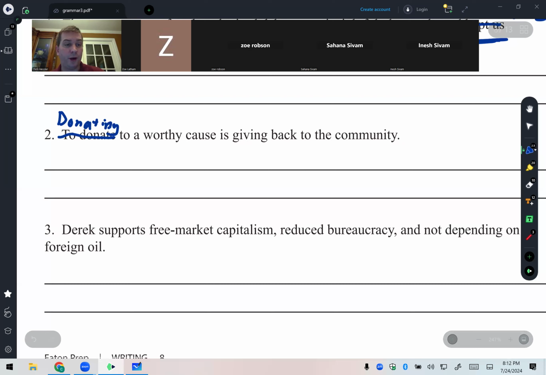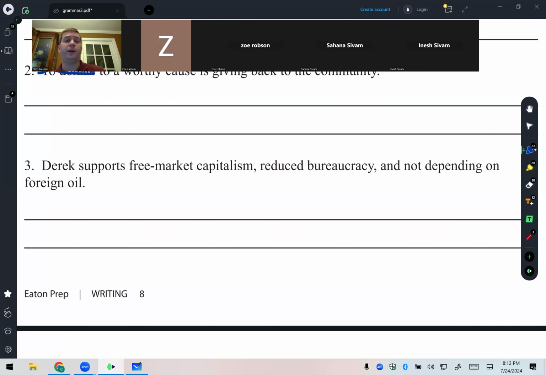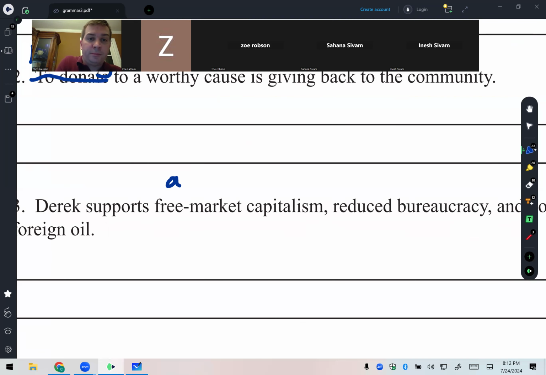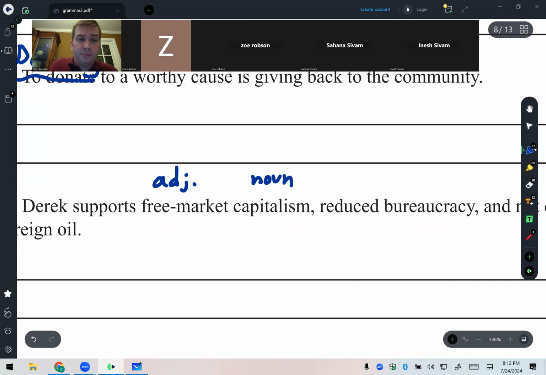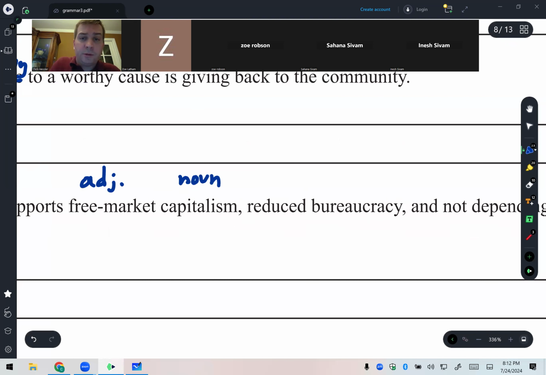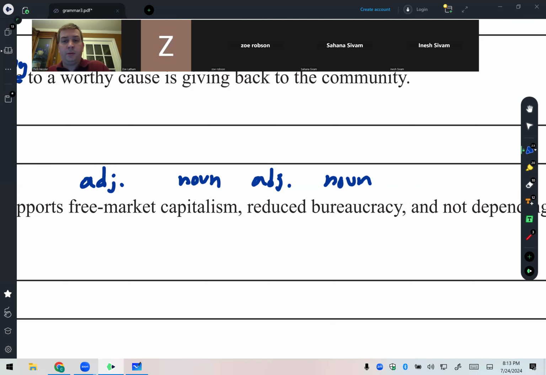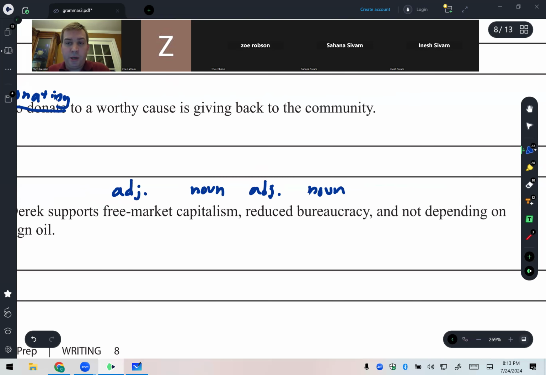Next one, or final one here. Derek supports free market capitalism, reduced bureaucracy, and not depending on foreign oil. So it sounds to me like Derek supports adjective noun things. Free market capitalism, reduced bureaucracy, and not depending on foreign oil.